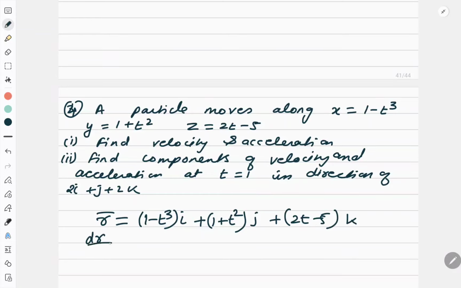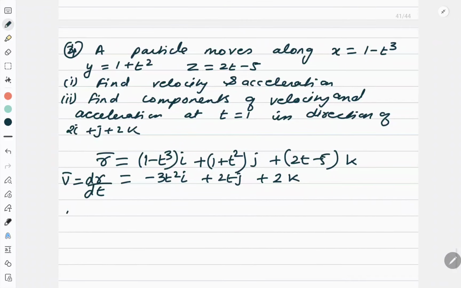Now dr by dt, that is the velocity, is equal to minus 3t square i plus 2t j plus 2k. Now acceleration is d2r by dt square. So minus 6t i plus 2j, and this will become 0. Correct? So I got velocity and acceleration.